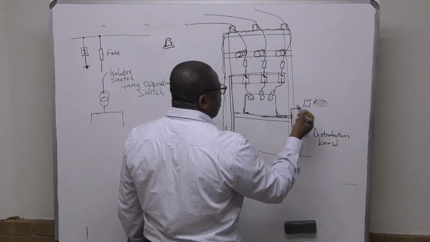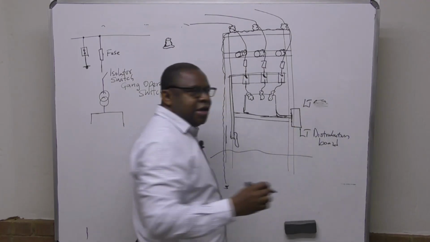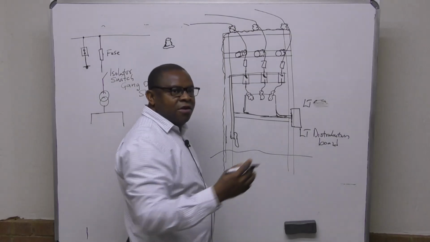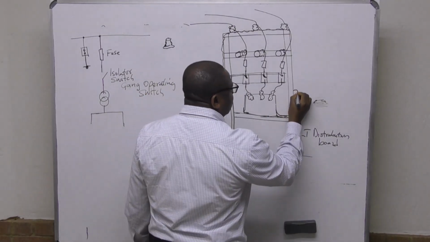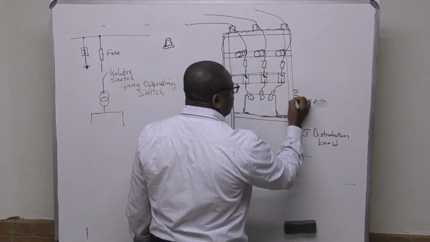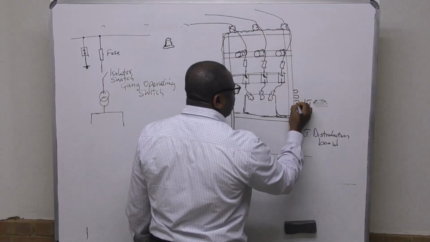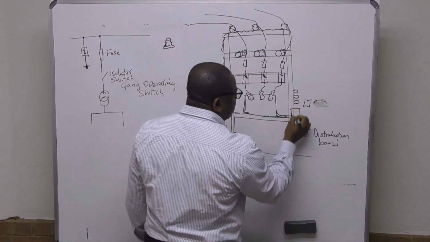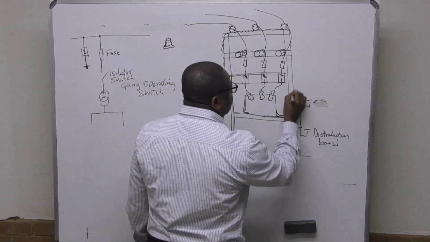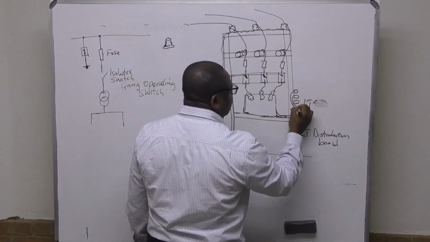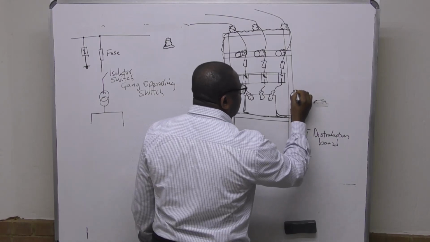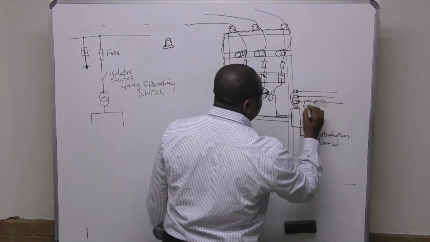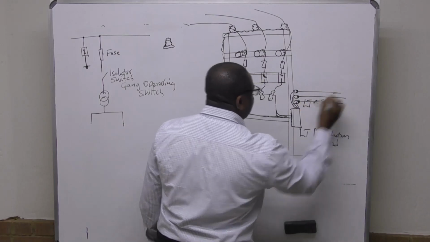Okay, and then from here you can now run your wires. It depends on the configuration. So I can actually have some insulators like that, where wires from this DB board can go in there, phase A, phase B, and then you can now run out the low voltage line, the LT line.